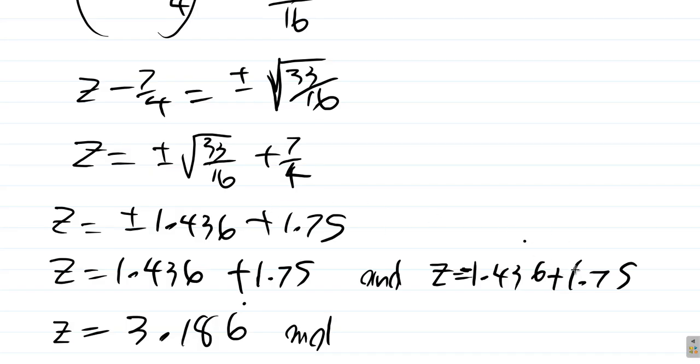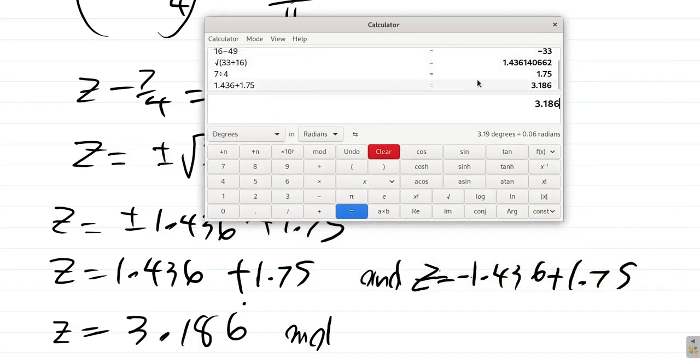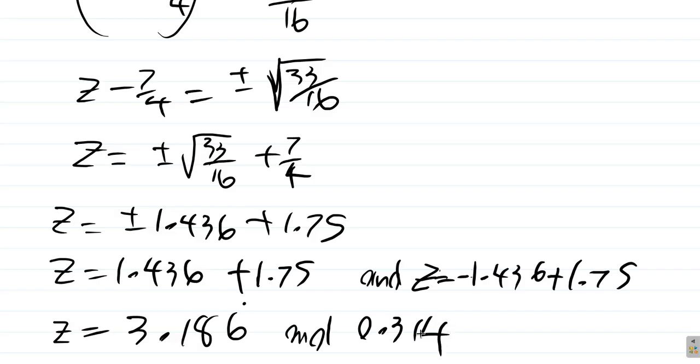This is always a plus, but the minus is in front of the 1.436. I'll fix this up now. So let me put it this way. I have negative 1.436 plus 1.75, 0.314. All right, so that's z we have there.